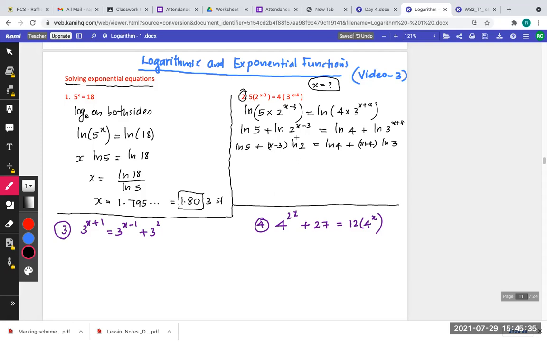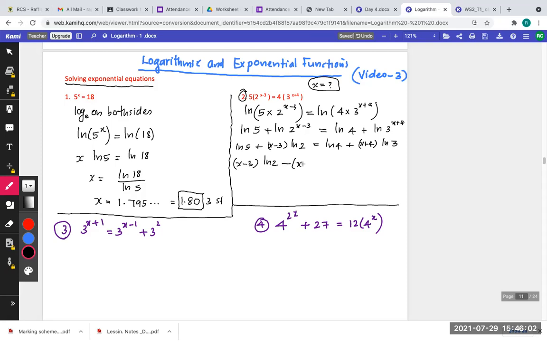Now you see, x terms are not powers now. X is the normal term now. There is no power called x, because by using the log you were able to bring it down. Now bring all the x terms together. Which are the x terms? X minus 3 times ln 2 on the left side, and on the right side there is x plus 4 times ln 3.